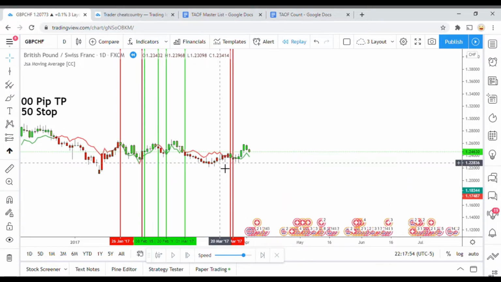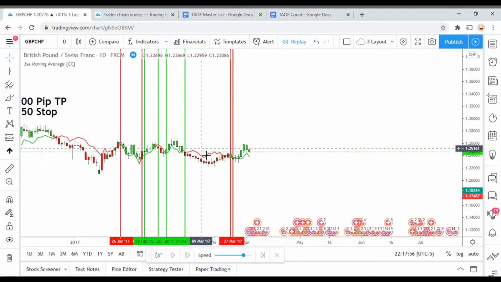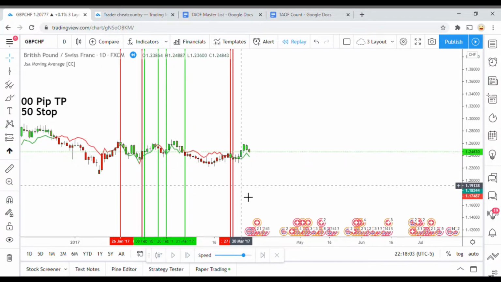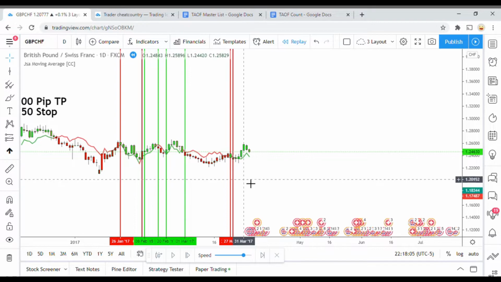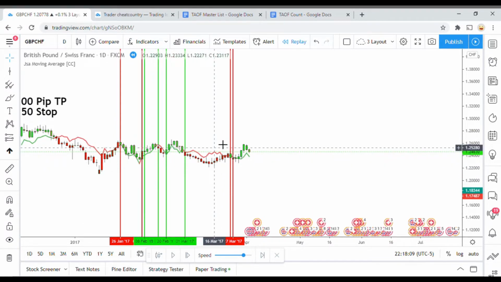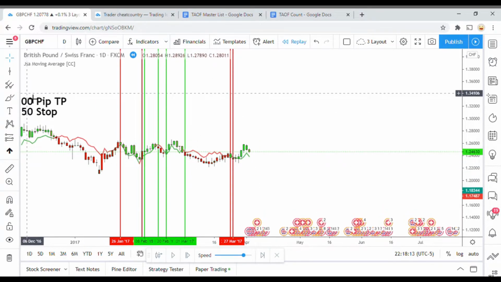But with that being said, a specific moving average might have the ability to cut down on the number of trades in and out in a choppy market that you actually take.